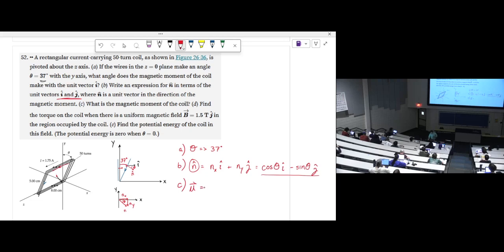Mu is going to be equal to n times I times the area of this loop here, A, which if we call this our width and 8 centimeters our length, so that's going to be n times I times the area, so length times width, times the direction of the magnetic moment, n hat.